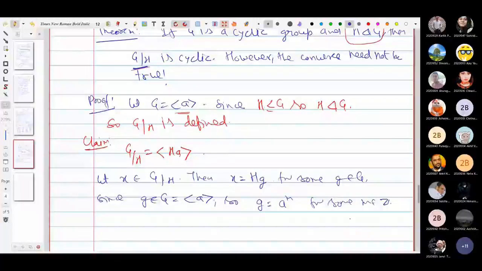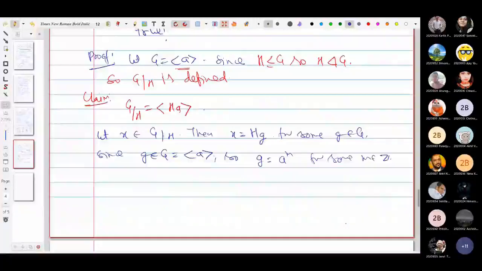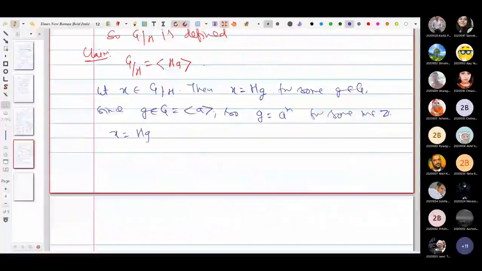Now X equals Hg, and this is equal to H a to the power m, and this is equal to H a dot dot dot a. So how many times?